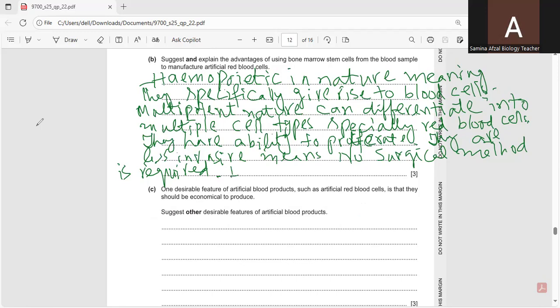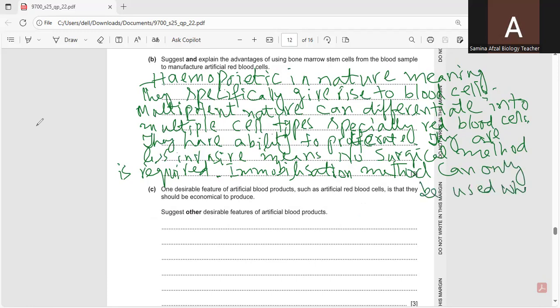And the immobilization method can only be used when they are in blood.